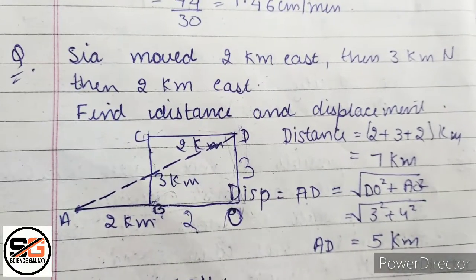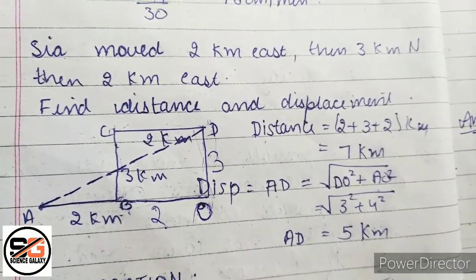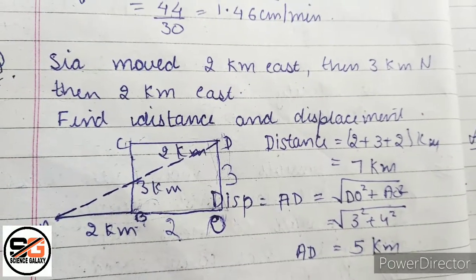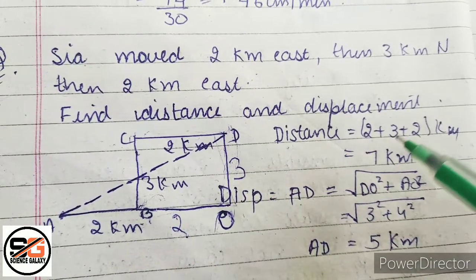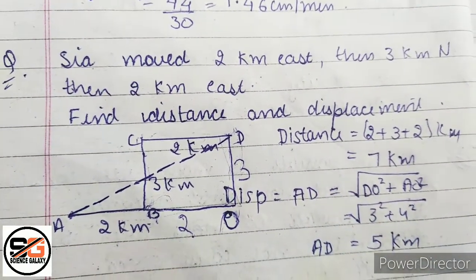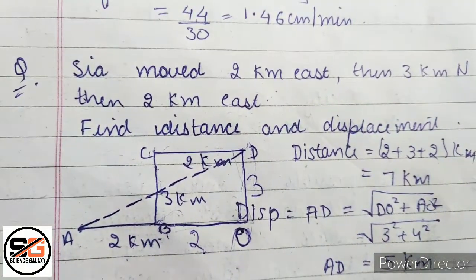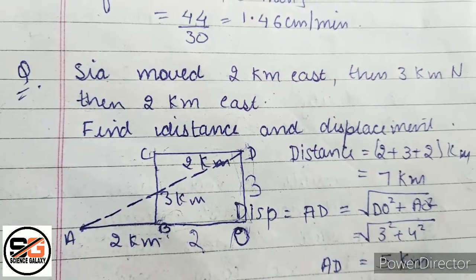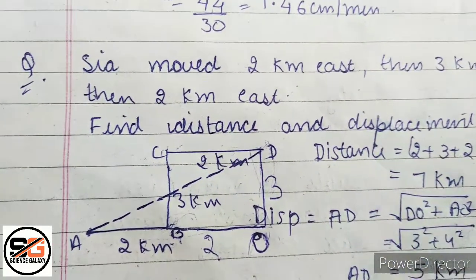Here also we can see that displacement is less than distance. Now we have cleared our concept that distance is always greater than the displacement, except in the case where we do not change the direction. If we do not change the direction, then distance and displacement come out to be equal.